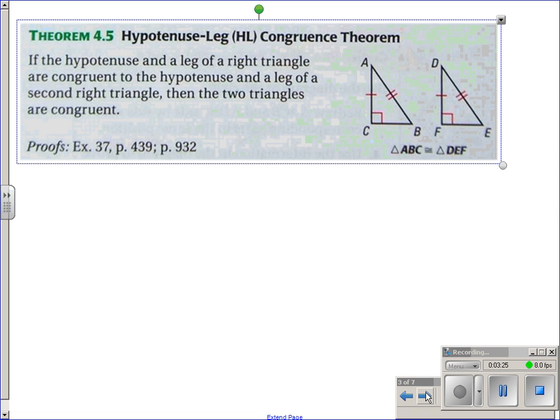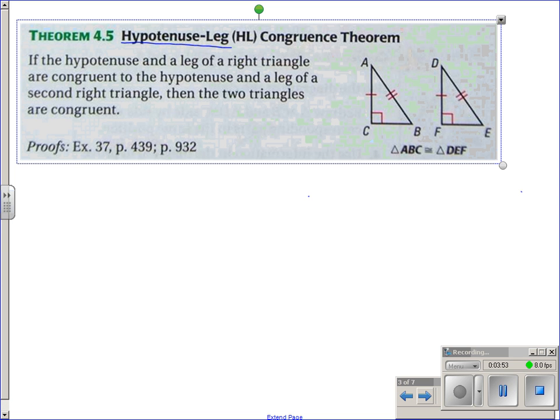So here's another one. It's called Hypotenuse-Leg. Again, take a second, copy it down. This one only works with right triangles. The only time you have hypotenuses and legs is when you are dealing with a right triangle. If your triangles are not right triangles, you're not going to use this theorem.